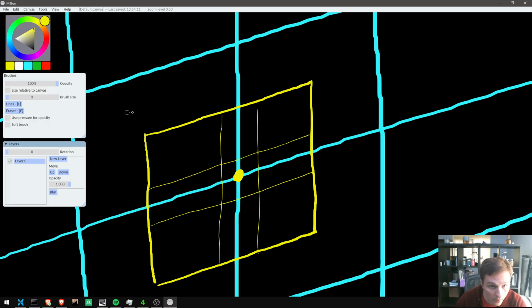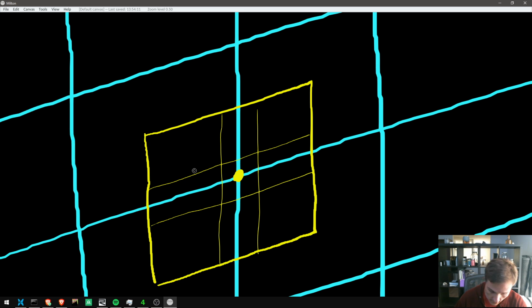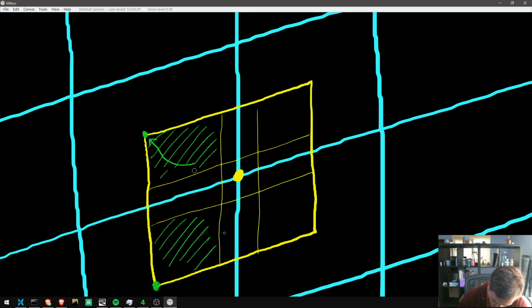Let's do green for these guys. So if you're here, you map to this point here. Similarly for each one of these corner boxes.